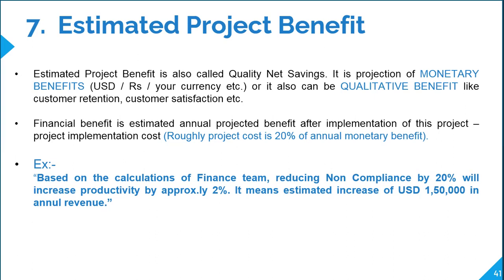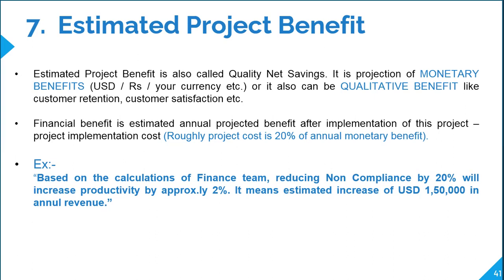So imagine in this particular project, the estimated benefit would have been say $180,000. But since 3 or 4 members are going to work on this project for say 4 months, the cost of efforts would be say $30,000, roughly.